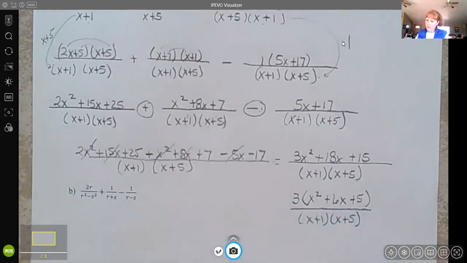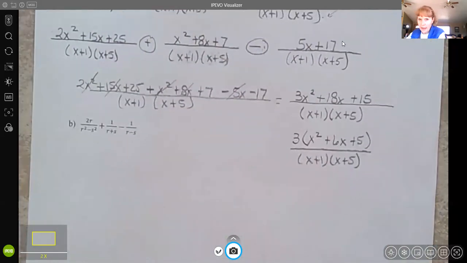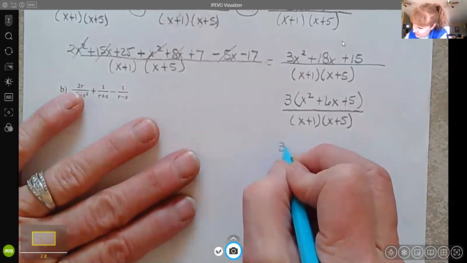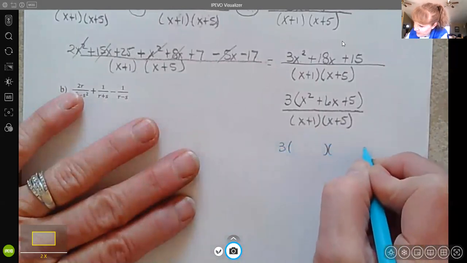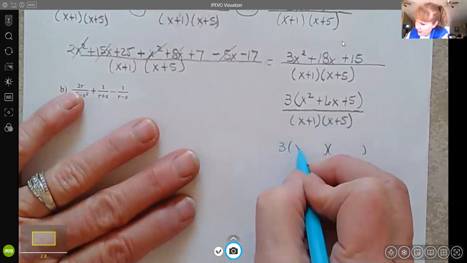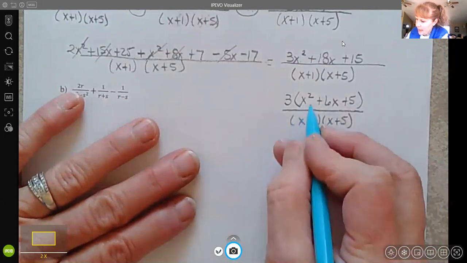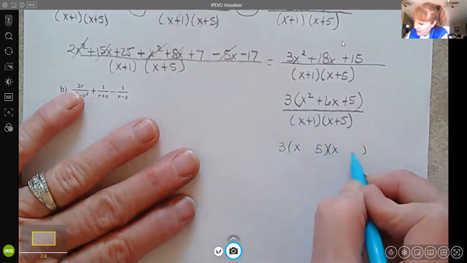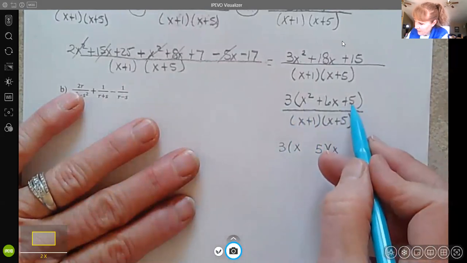Now, we're running into our other one, but that's okay. Let's go ahead and see if we can factor. So we end up with x times x is x squared. 5 times 1 is 5.